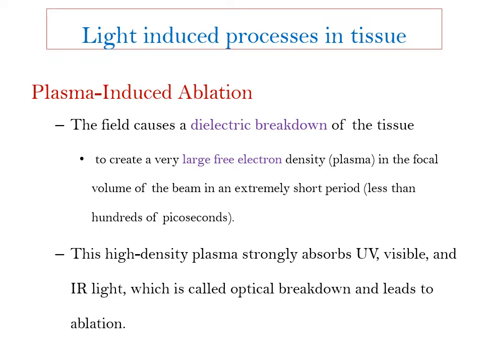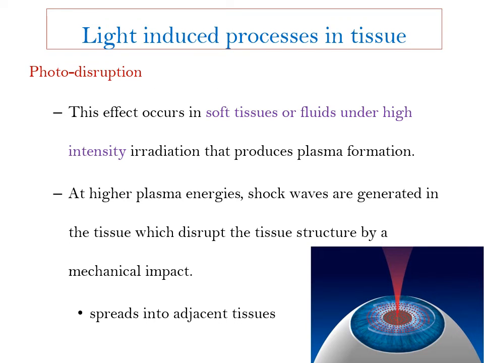This will create a very large free electron density, which are called plasmons, in the focal volume of the beam. So this high density plasma that's created due to the dielectric breakdown will strongly absorb another set of light, UV, visible, and infrared, and leads to another consequence of ablation.